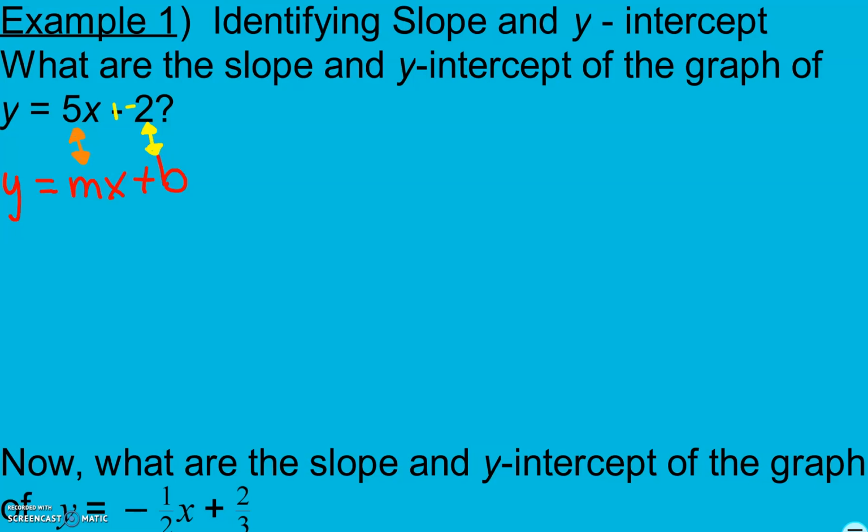So slope is m, which here is 5. And y-intercept is our b value, which here is -2. So slope 5, y-intercept -2.